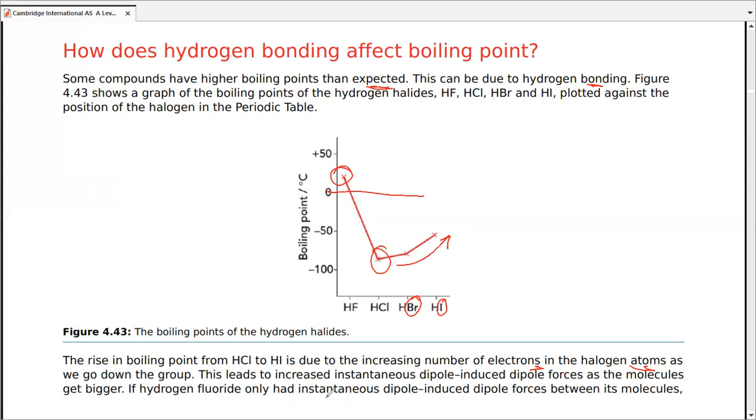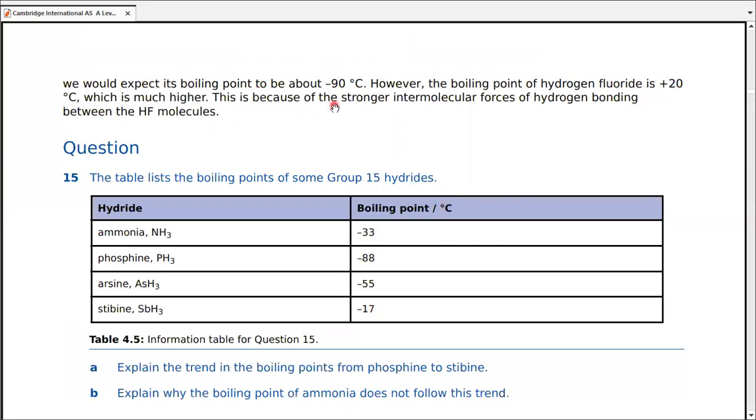If hydrogen fluoride only had instantaneous dipole-induced dipole forces in its molecule, then what would have happened? This would have been expected to be about -90, not a positive value. However, the boiling point of hydrogen fluoride is +20. This is because of hydrogen bonding present between HF molecules. Make sense?